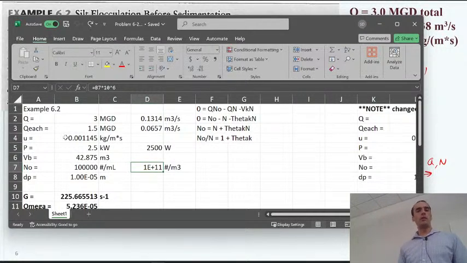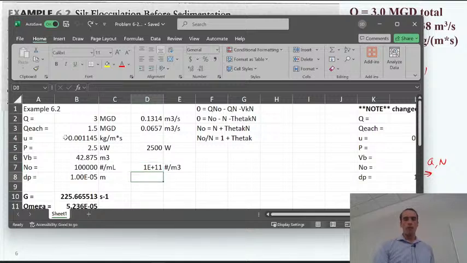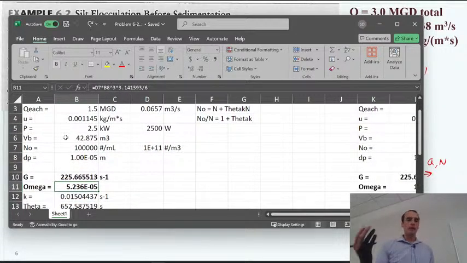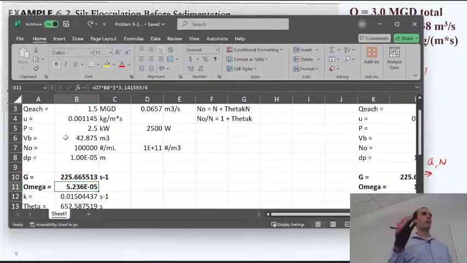That's a pretty large number. But to counter that, that times 10 to the minus fifth value for the diameter was being cubed. So that counterbalances with kind of a small number. At any rate, your number of particles is pretty high, but the flock volume, omega, is a small portion of the volume of your solution that is particles.